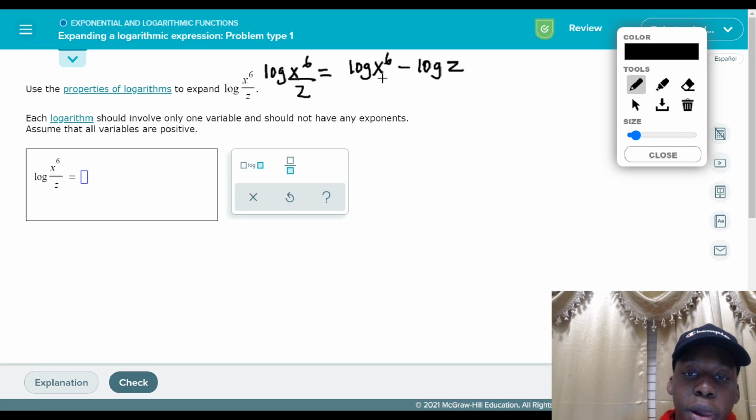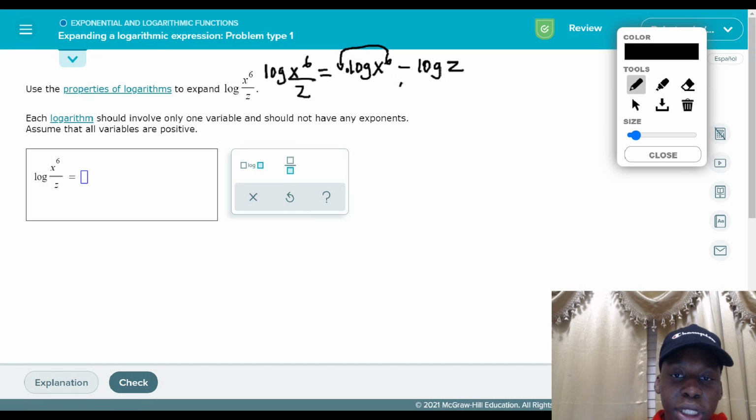So we can say this is the expanded form, but we're not actually done because we have an exponent here, and we're not supposed to have any exponents in this question. In order to remove this exponent, we have to take it and multiply it with the logarithm of whatever we're working with. In this case we're working with the logarithm of x in this part of the equation.